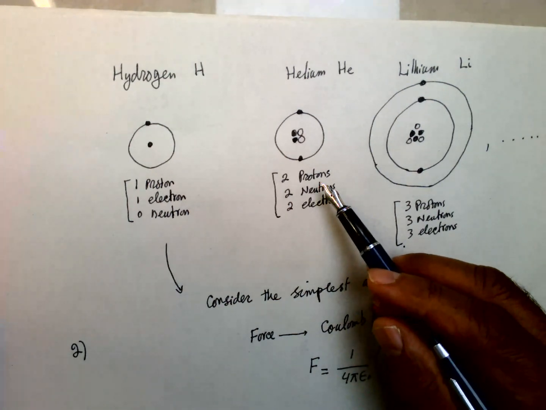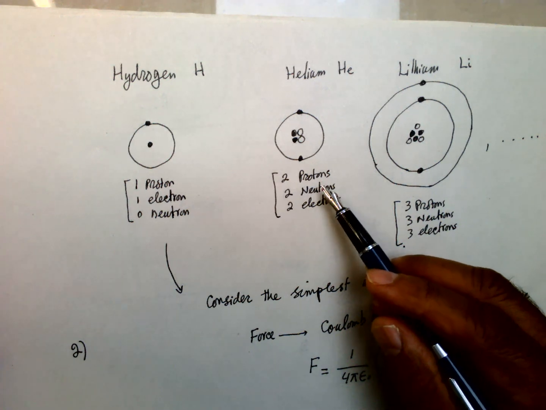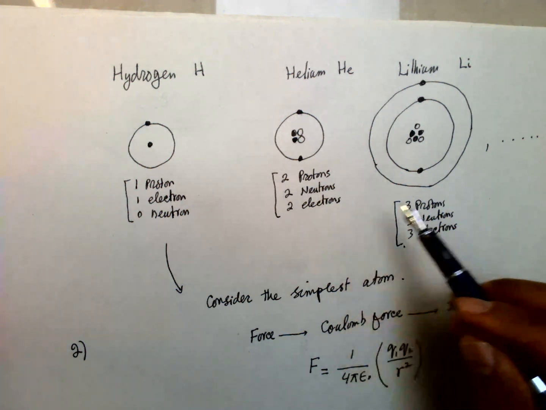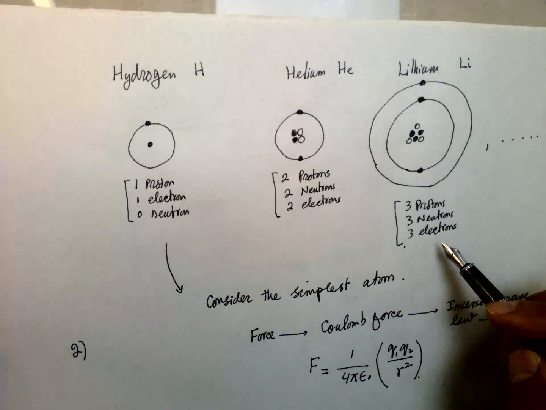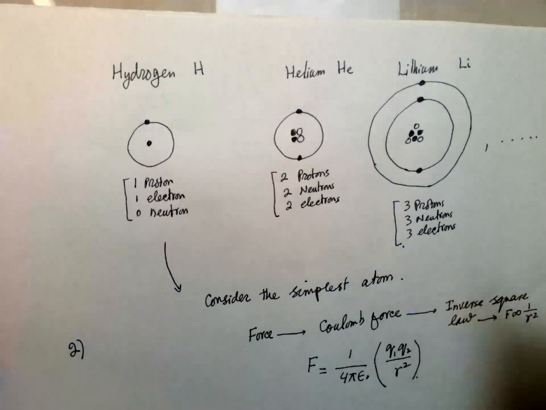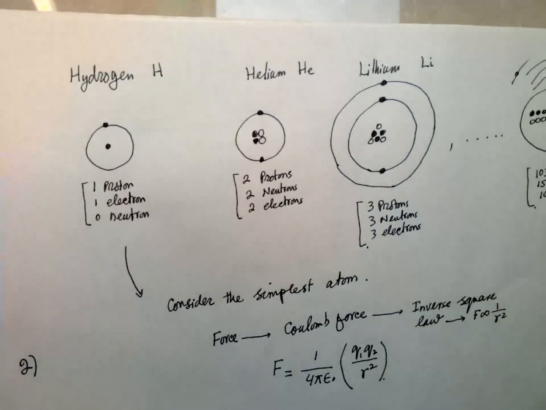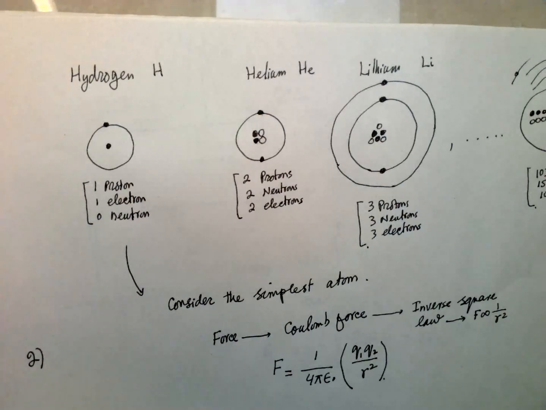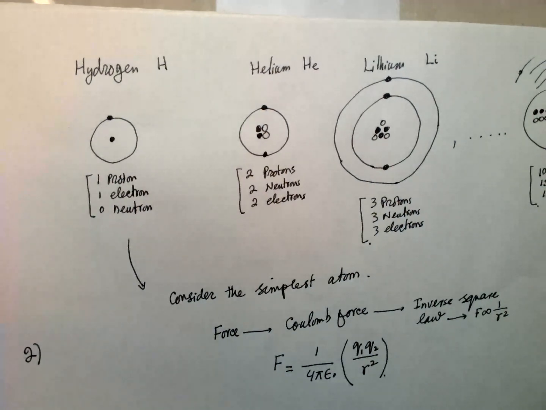Similarly, helium, He4, has 2 protons, 2 neutrons, 2 electrons, and lithium has 3 protons, 3 neutrons, 3 electrons. And lawrencium has 103 protons, 103 electrons, but a large number of neutrons, 159.